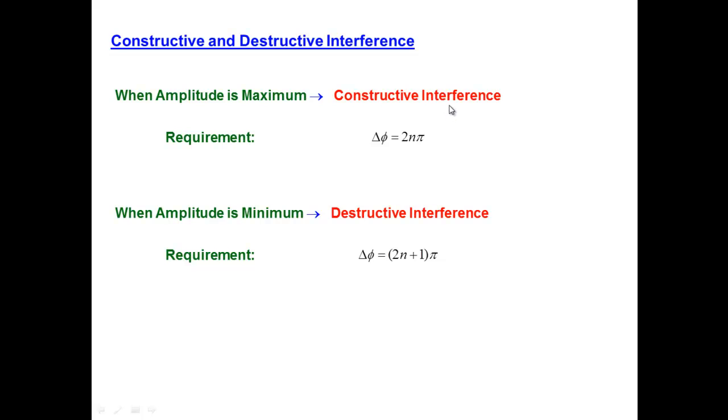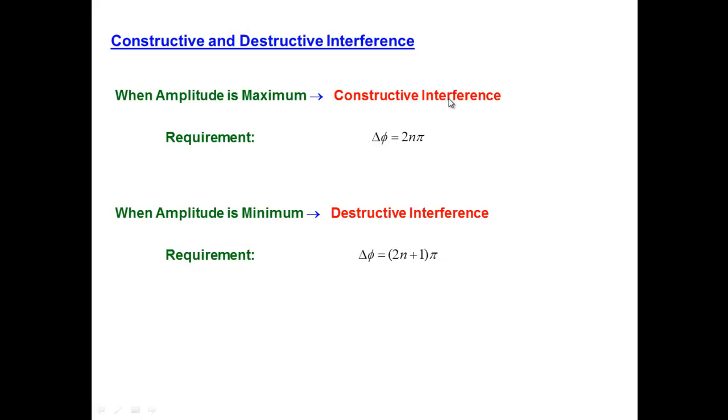What does this mean physically? Well, let's say that you had two speakers that were being driven by the same amplifier, and so they were playing music. Well, if those two speakers had different distances that their waves had to travel to get to you, the observer, then, under just the right situation, you might hear a very, very loud sound, which would be constructive interference.